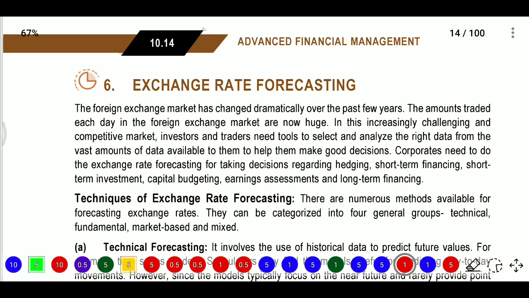Now, exchange rate forecasting. The foreign exchange market has changed dramatically over the past few years. The amount traded each day in the foreign exchange market is now huge. It has become an increasingly challenging and competitive market.